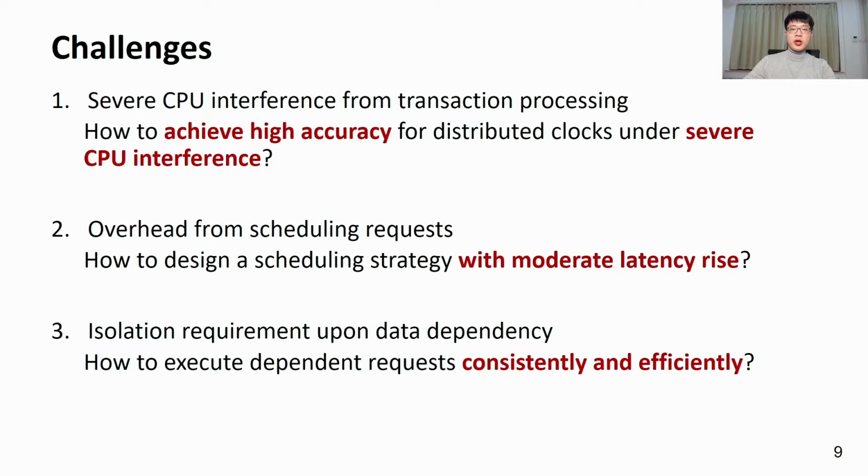Second, scheduling requests is necessary for maintaining a timestamp order, but scheduling could make some requests take longer time to finish. How to design a scheduling strategy with moderate latency rise? Third, all requests within a transaction must see a consistent snapshot and modify data consistently. How to execute these dependent requests consistently and efficiently?